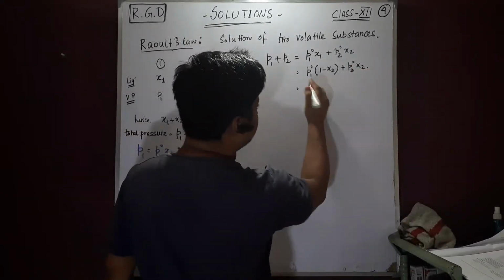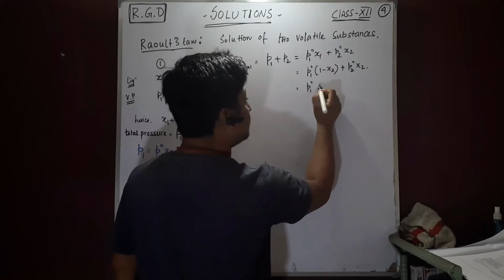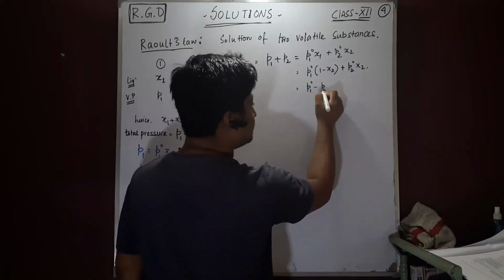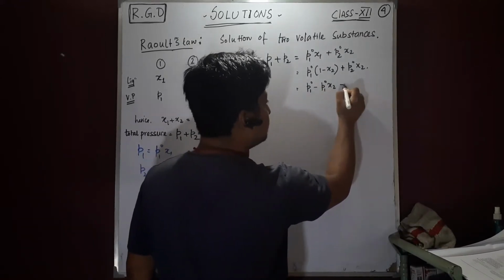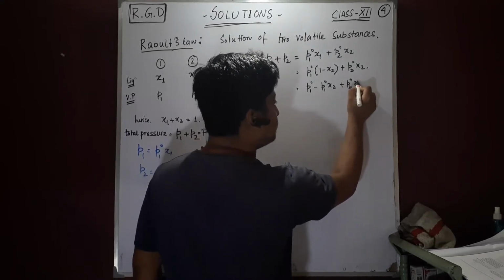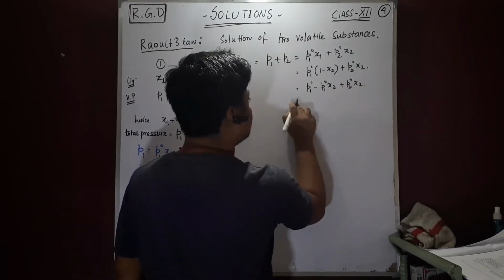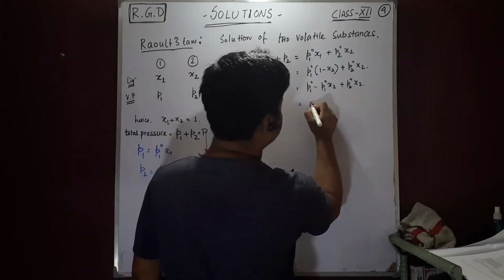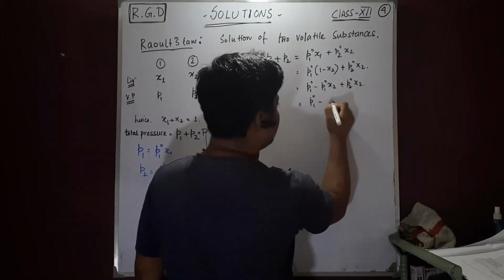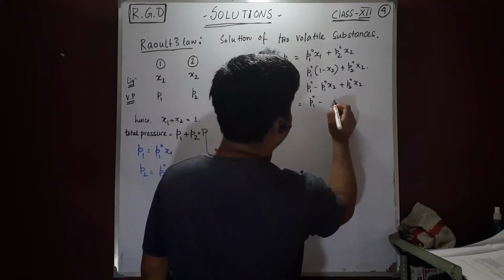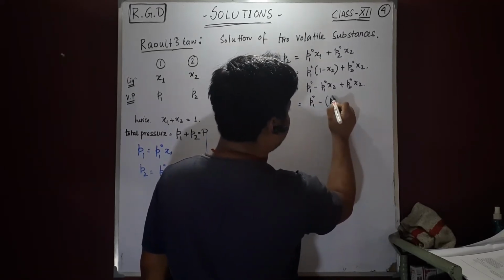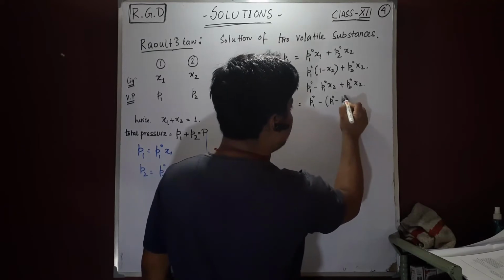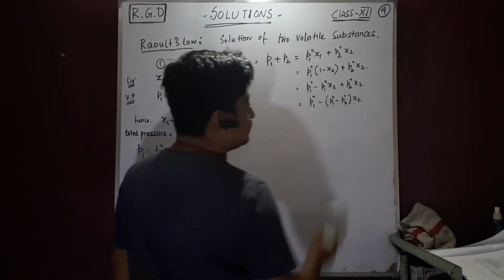If I do some algebra here, P10 minus P10 x2 plus P20 x2, or I can write, if I take this P10 minus P20 common, P10 minus P20 into x2. I can write this.